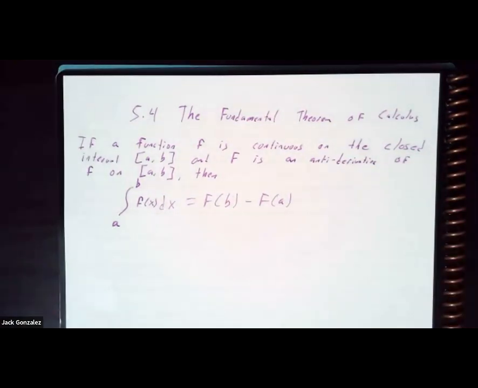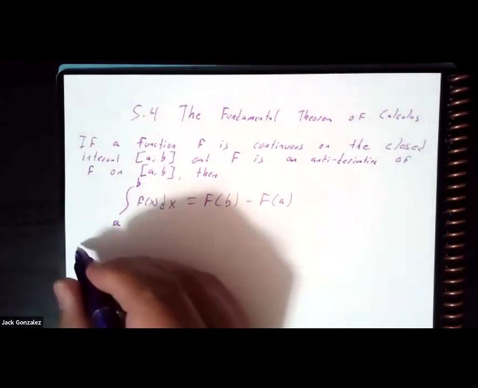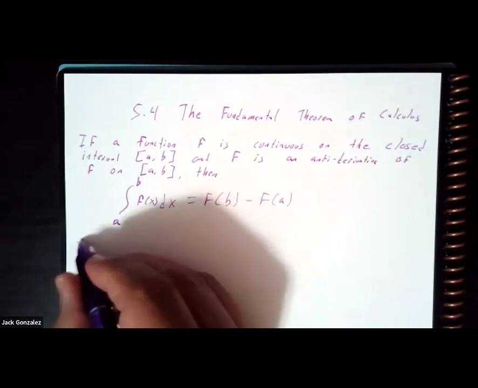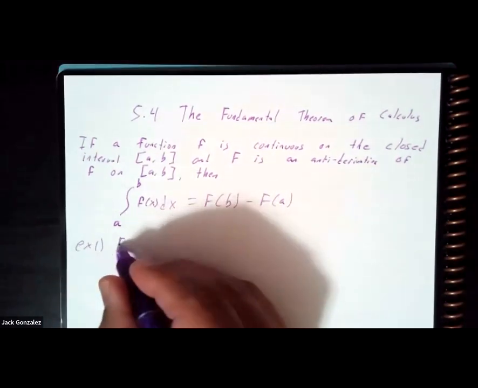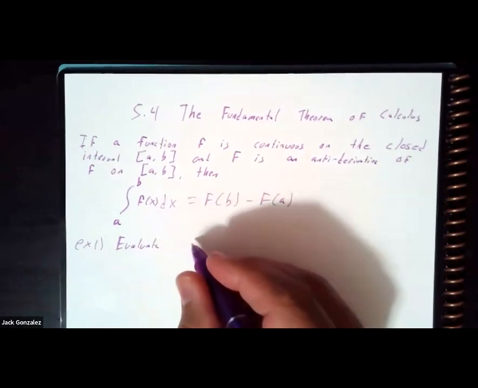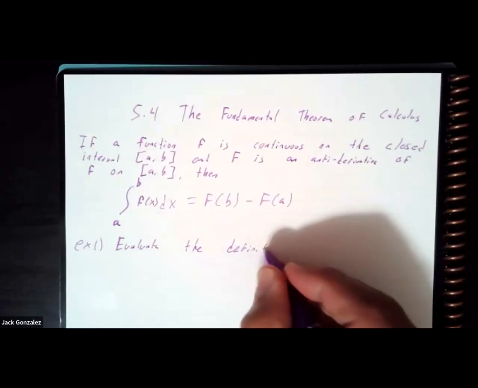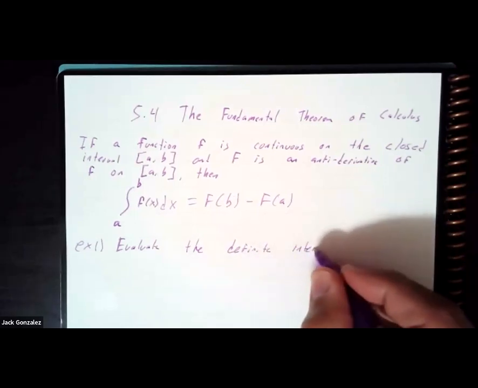Okay, so basically what you do is you find the antiderivative and then you evaluate at the upper bound minus the lower bound. That's it. So for example, evaluate the definite integral.